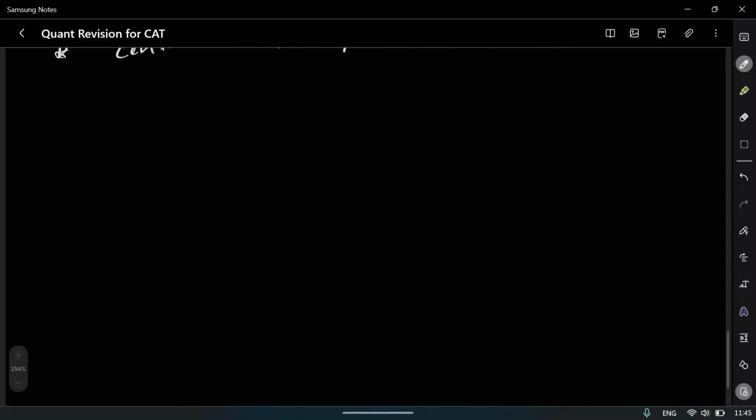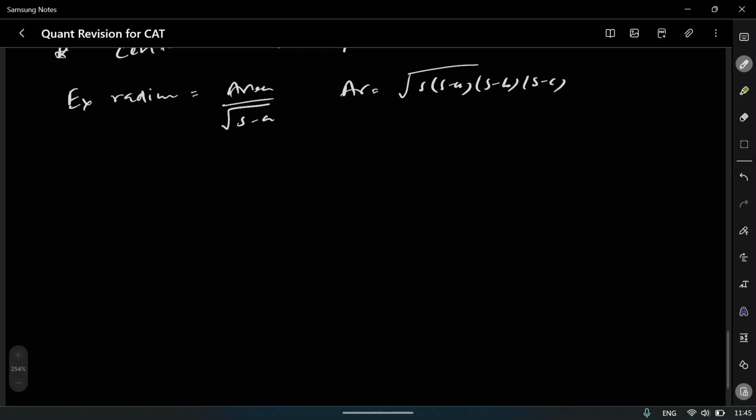And then the formula for exradius equals area by s minus a, if it is opposite to a. And area equals root of s into s minus a into s minus b into s minus c.